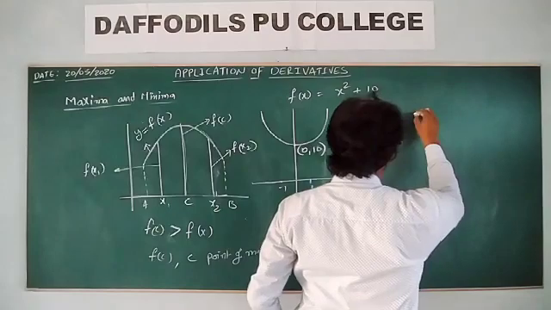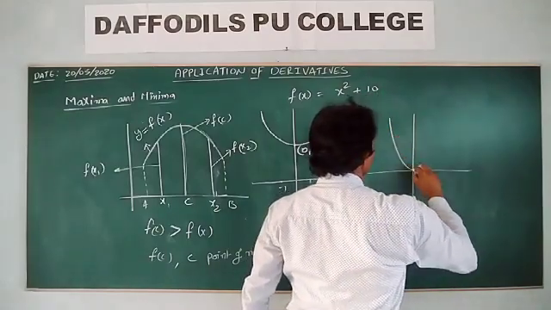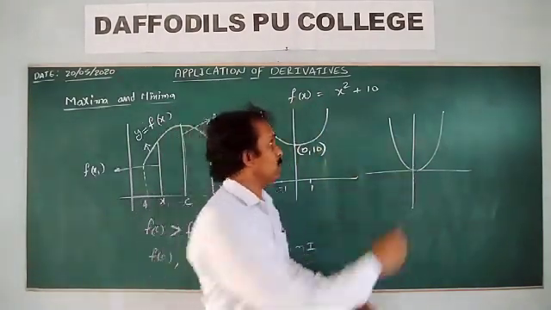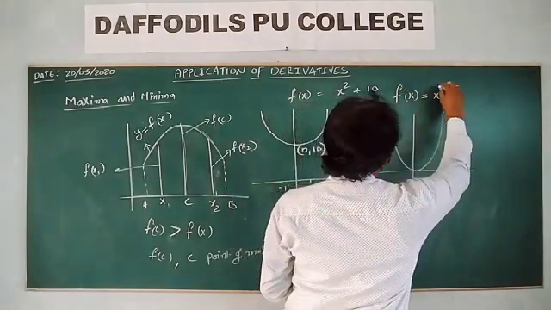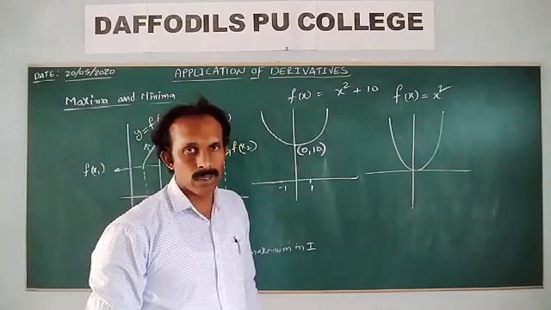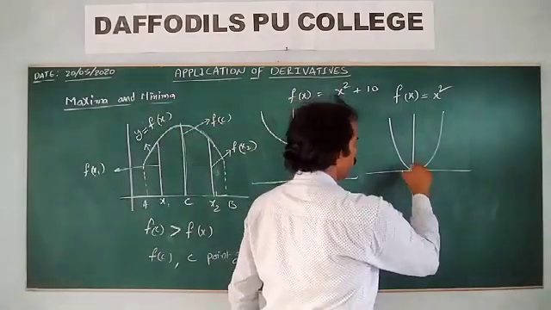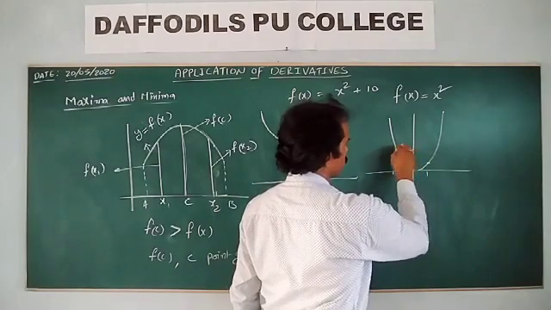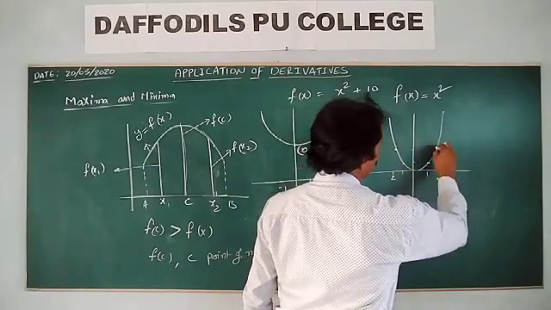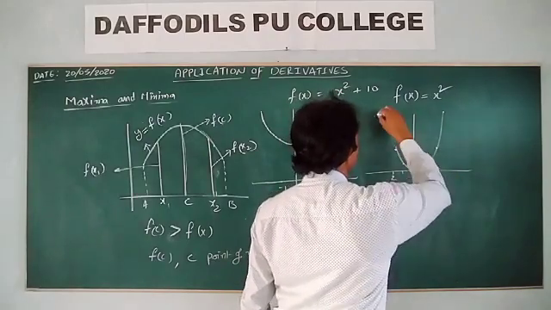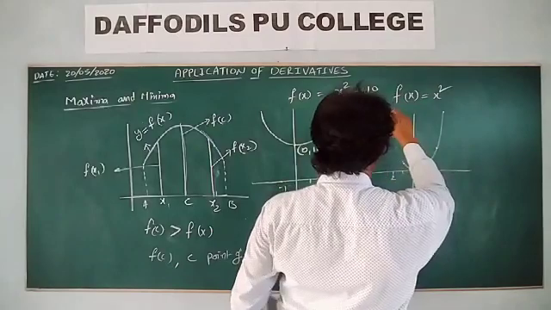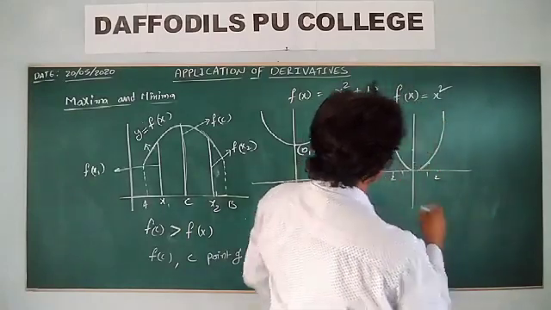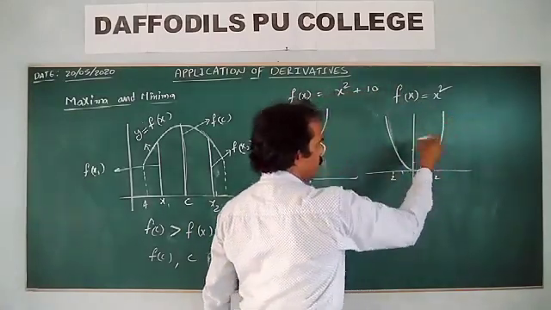Suppose f of x is equal to x square, a curve like this one. f of 0 is equal to 0. f of 1 is equal to 1. f of 2 is equal to 4, and so on.